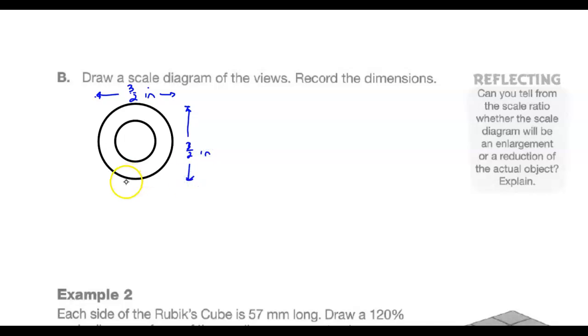Okay, and then this diameter here would be 1 inch. Okay, so we'll call that the front. And then the side, basically like that. And then the top, maybe we'll do the top horizontally.